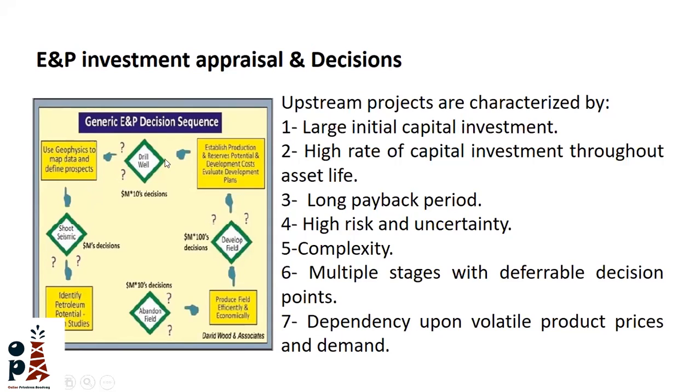After that exploration well, you put your development plan and a feasibility study for development cost. This is a decision to develop your field. Finally, you have a decision to abandon your field. So in each stage, you should take a decision.